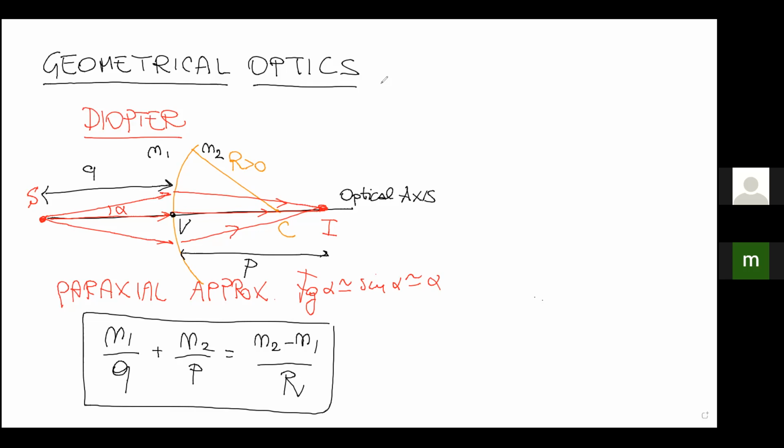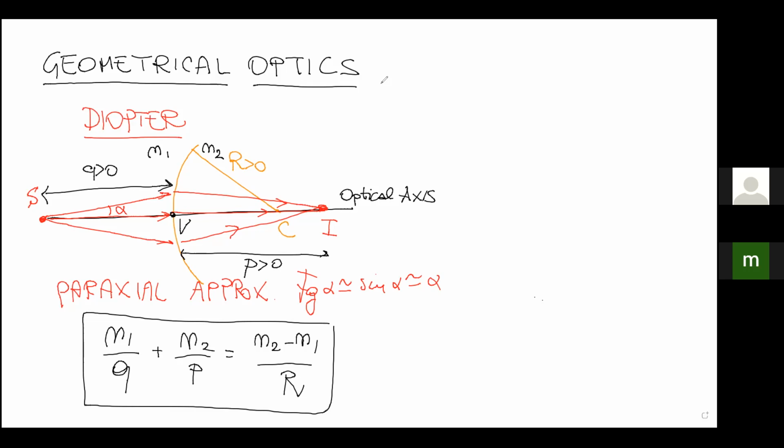curvature. Remember that by convention in optics, the position of the source is positive if it is on the left-hand side of the vertex. The position of the image is positive if it is on the right-hand side of the vertex. The radius of curvature is positive if the center is on the right-hand side of the vertex. Okay?